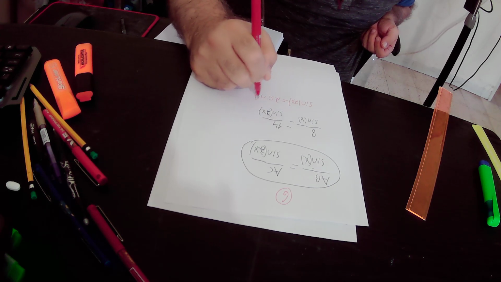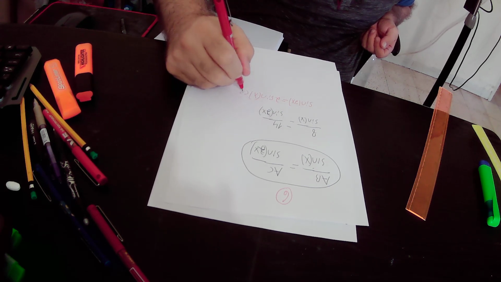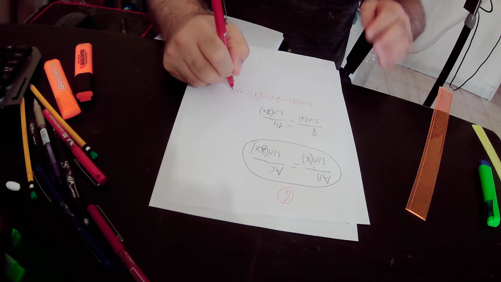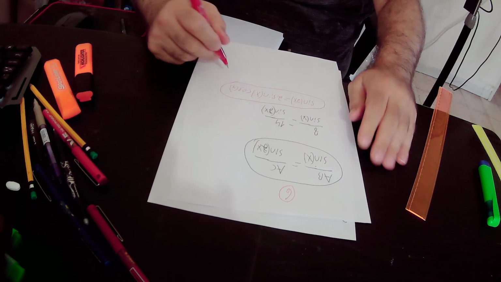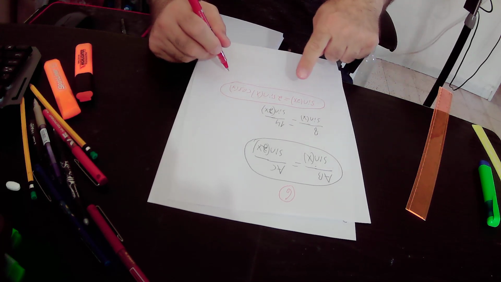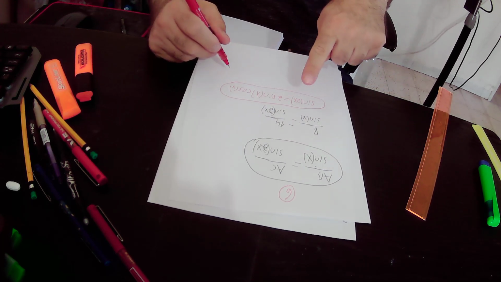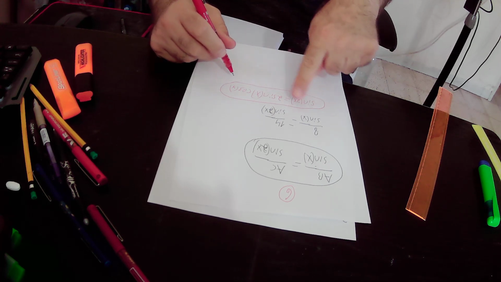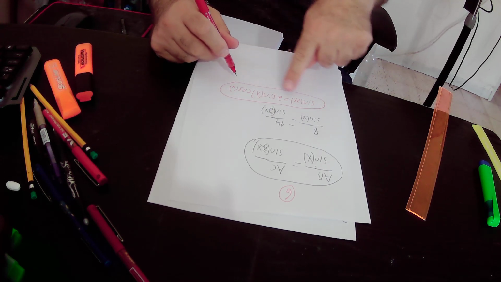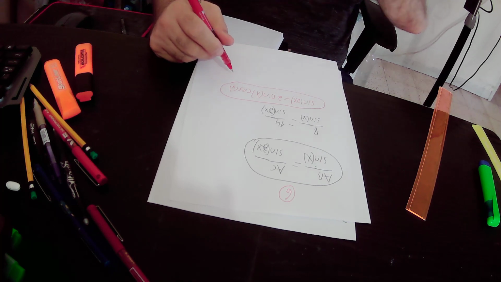So we can substitute sine 2x in this equality by this expression, because sine 2x equals 2 sine x cosine x.